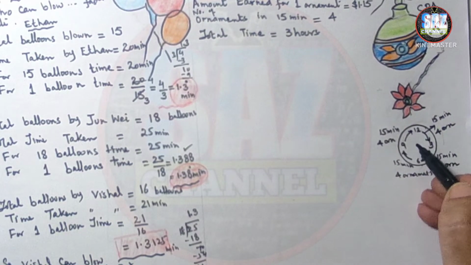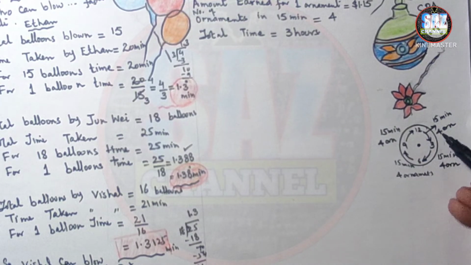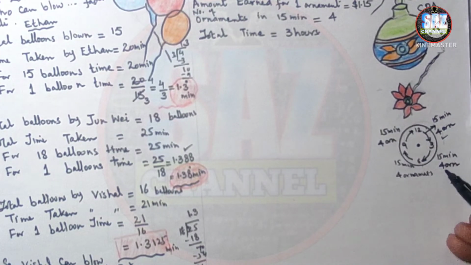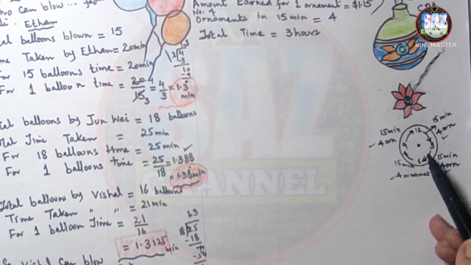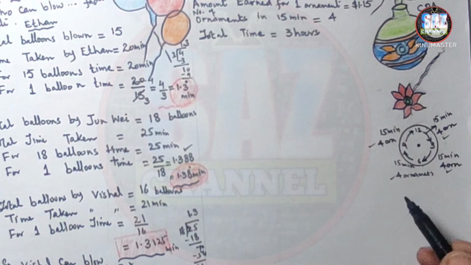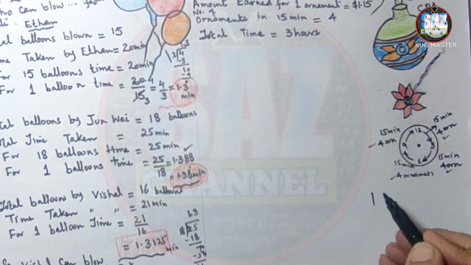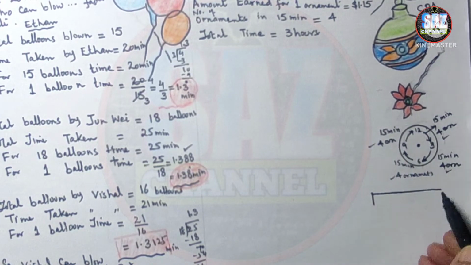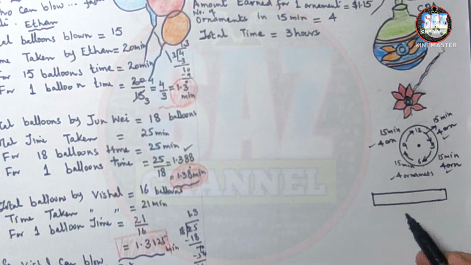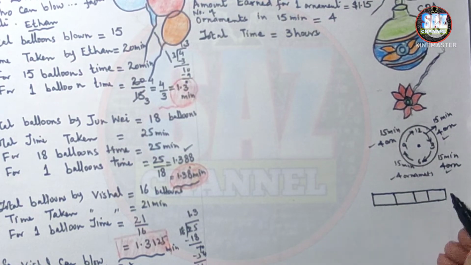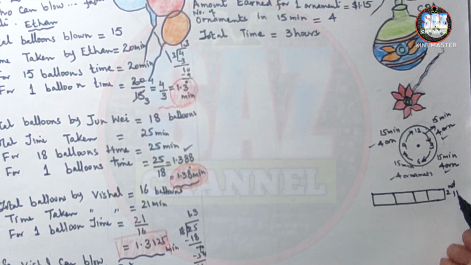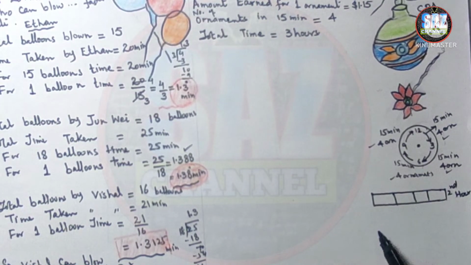Now you can see, students, that in 1 hour he is making 4 plus 4 plus 4 plus 4, 16 ornaments. If in 1 hour he is making 16 ornaments, then for the second hour, suppose I make a bar and divide it into how many equal parts? 4 equal parts, 1, 2, 3 and 4. This is the second hour, and this is the third hour.